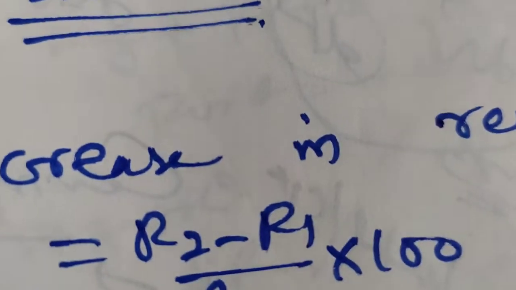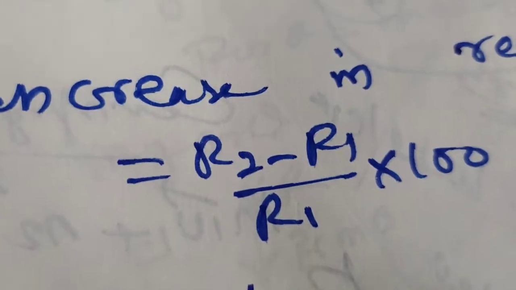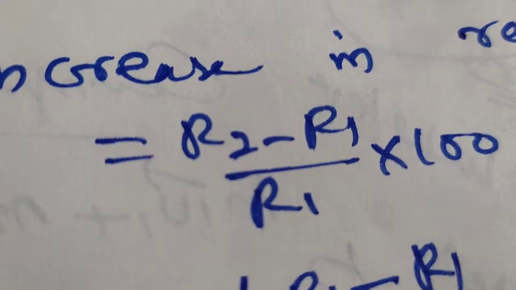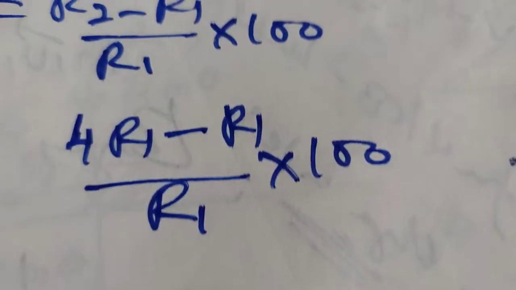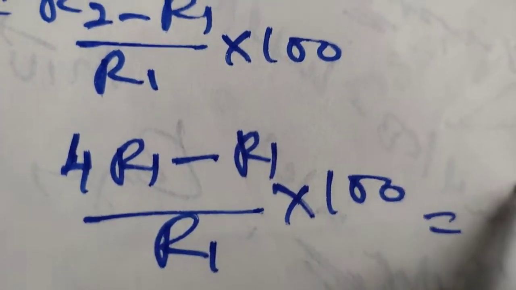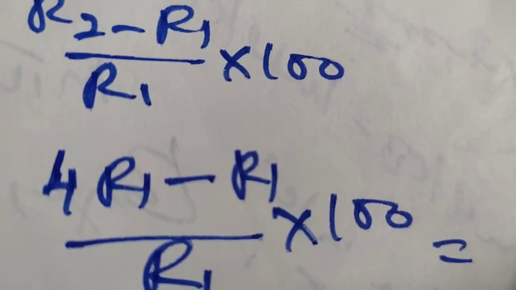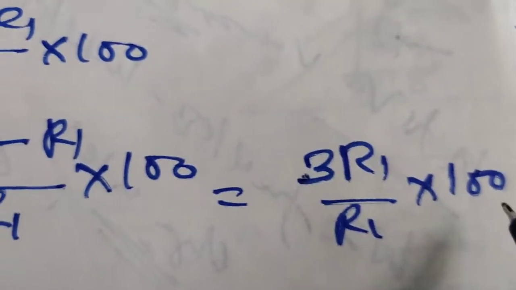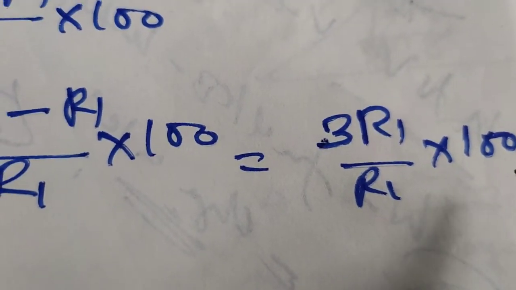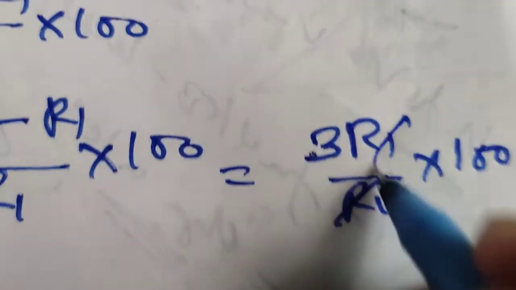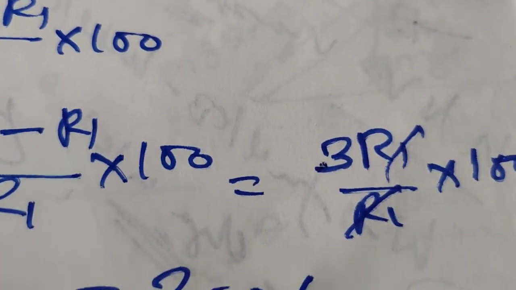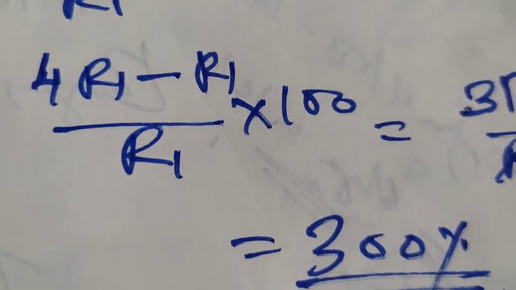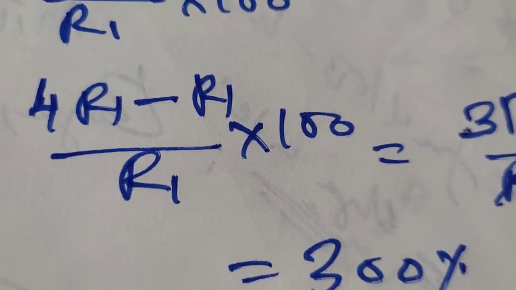R2 is 4 times R1, so (4 R1 minus R1) by R1 into 100 is equal to 3 R1 by R1 into 100. It becomes 300%. So a 2 times increase in length means a 300% increase in resistance, when the volume is constant.